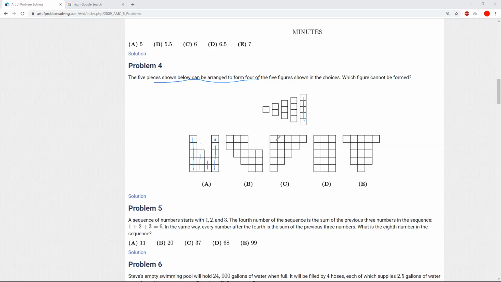But just in case, we can go through all of the other 3 cases to make sure that they can be constructed. So this one obviously can. This one, 5, 4, 3, 2, 1 can be formed. And 5, 4, 3, 2, 1. So obviously B is the only one that can't be formed.